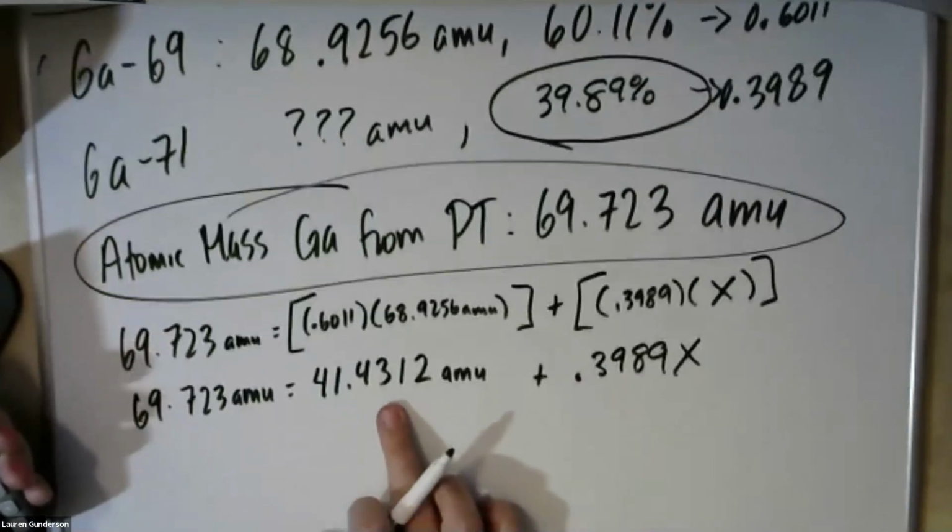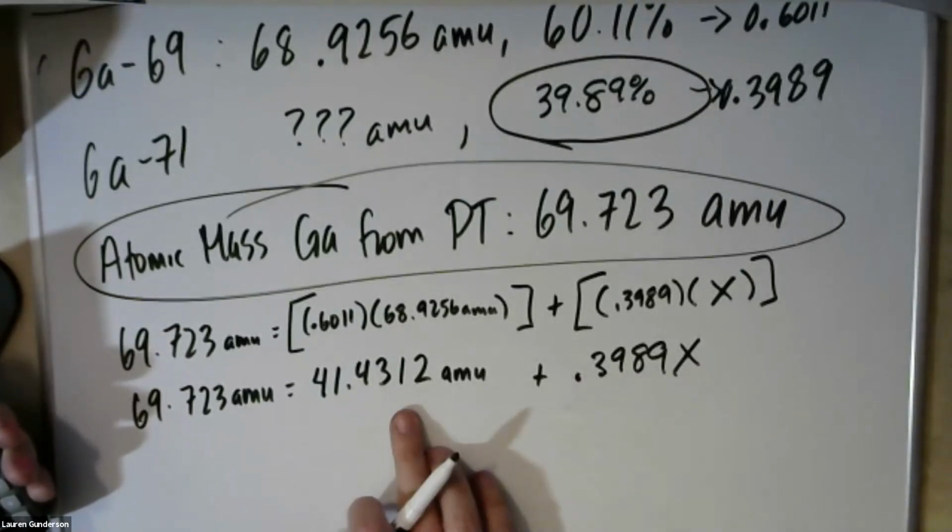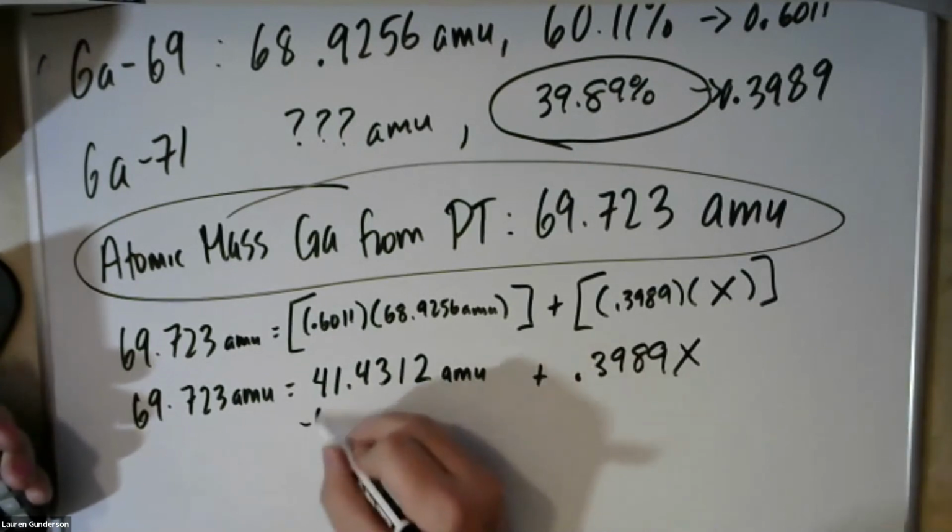Now I'm going to isolate this x term by subtracting the 41 from both sides.